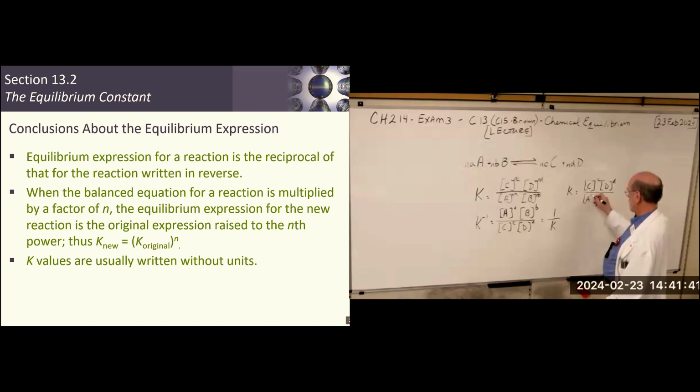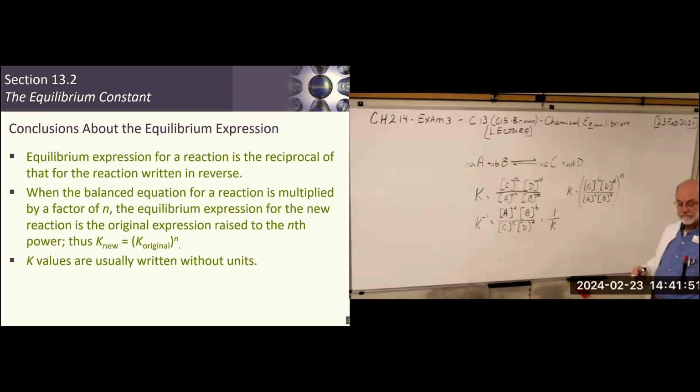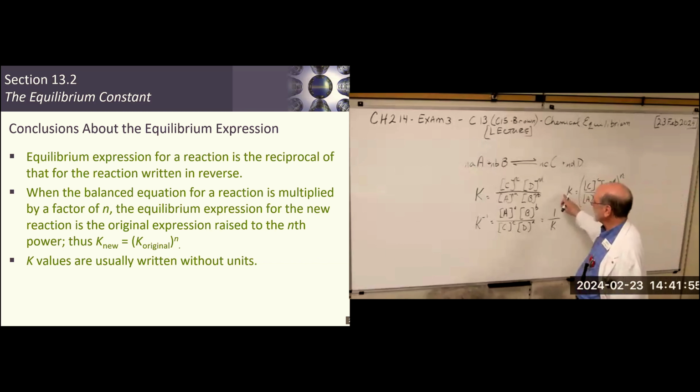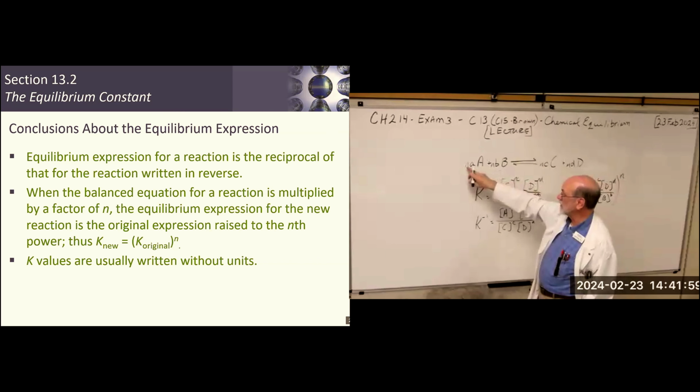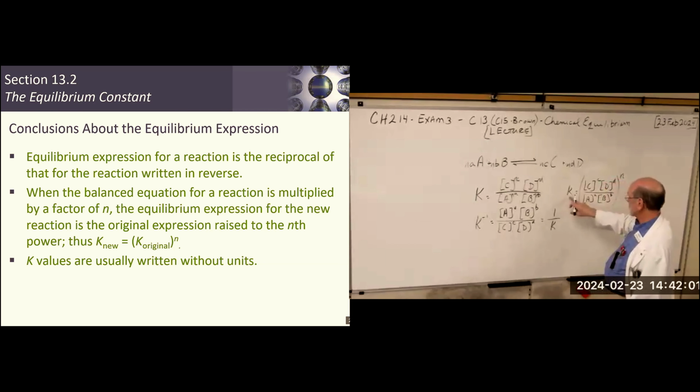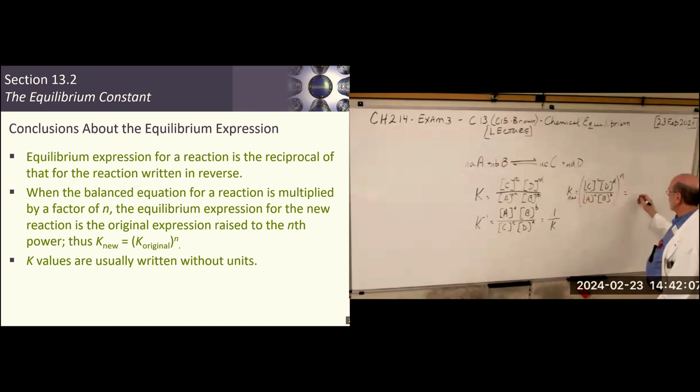So the new K value, if we multiply this whole equation by a factor, equals the old K to the N power.